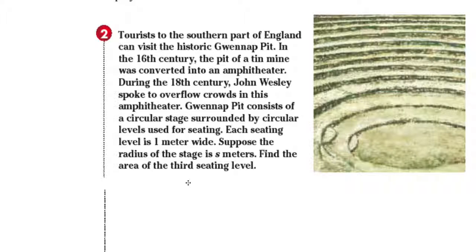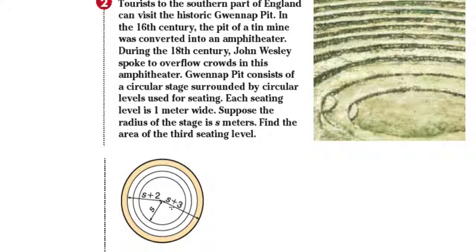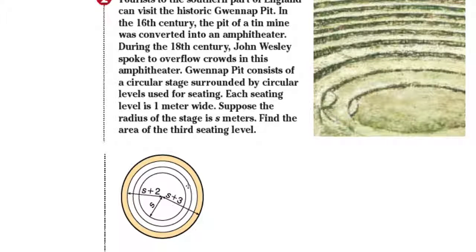Okay, so this is a word problem where we can apply what we learned in terms of the square of a sum. So we start off with the amphitheater, and it says there that the radius of the stage is s meters.